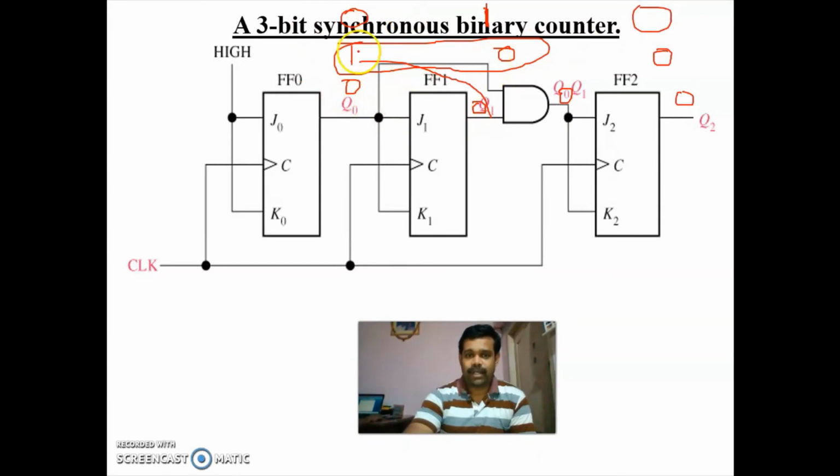So for the next one, this 0 will change to 1. At that time the input is 0, so this 1 will not change. So the input to this one is nothing but this one. One is 1 and another one is 0. So the output is 0. This will not change.